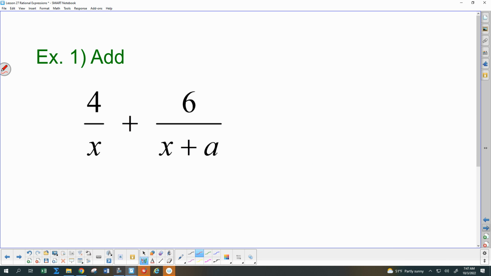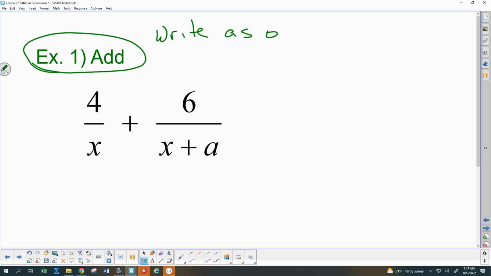So usually when we are combining terms, when we are simplifying the sum or difference of rational expressions, the directions will say add. That means write as one fraction.